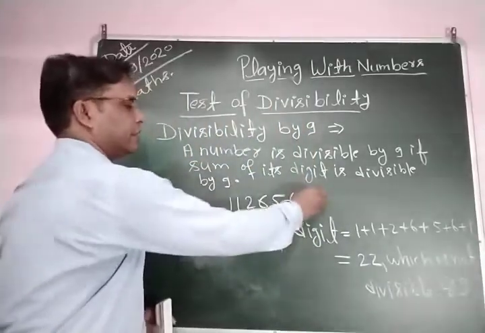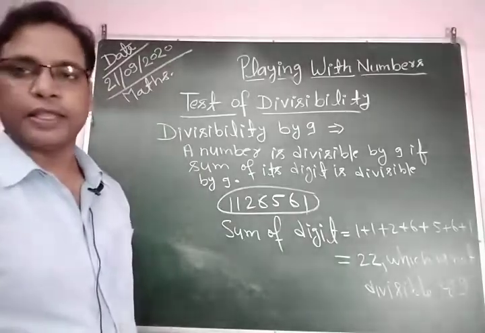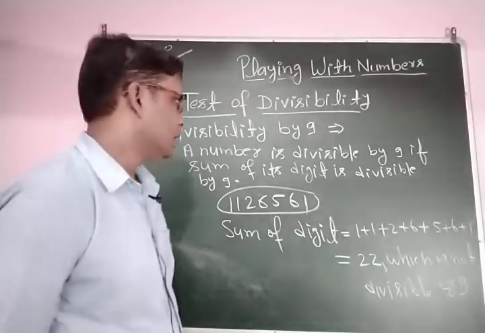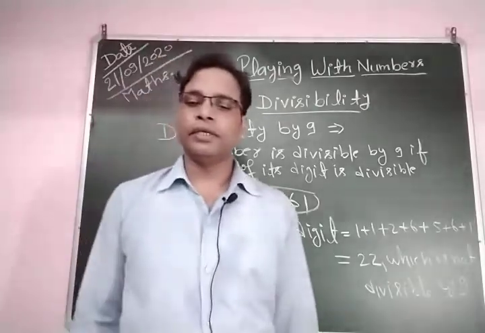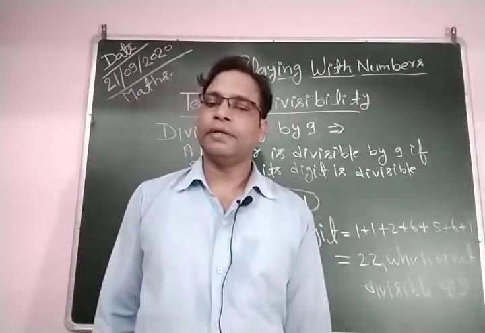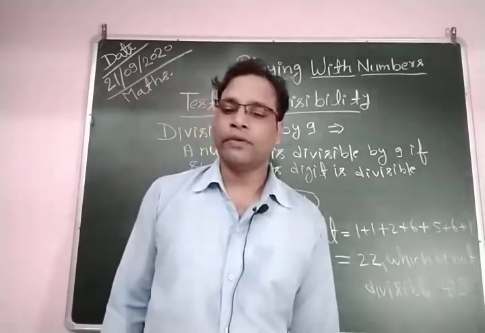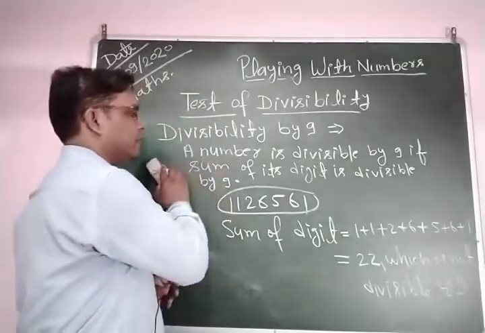So this number is not divisible by 9. Clear? So students, I hope all of you understood divisibility by 9. Now we are going to divisibility by 4. So let's see what is the divisibility by 4.